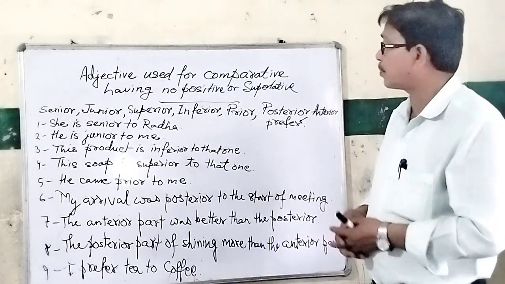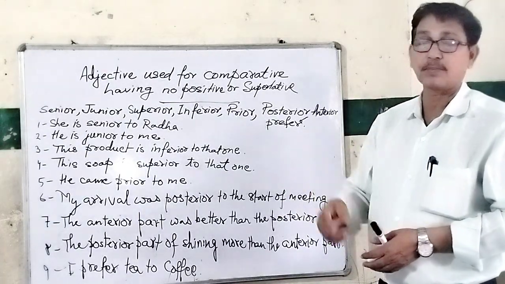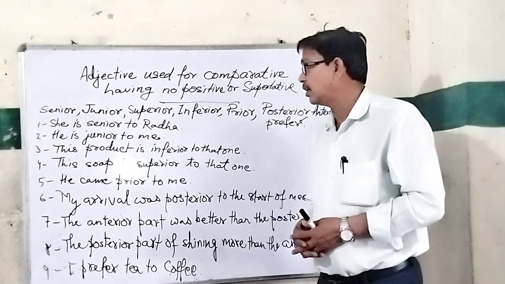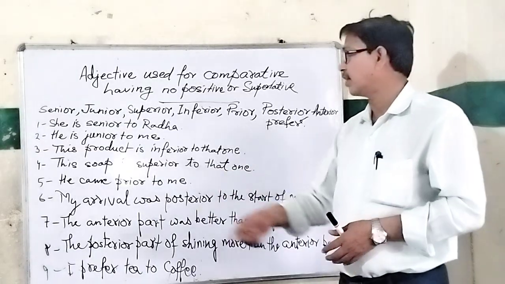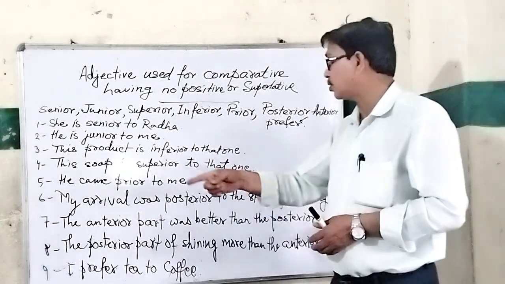Third one, this product is inferior to that one. Suppose two products are given of the same company. So someone says that this product is inferior to that one. Number 4, this soap is superior to that one.